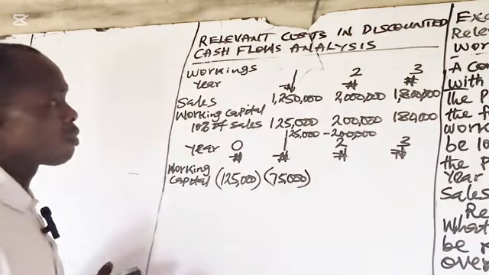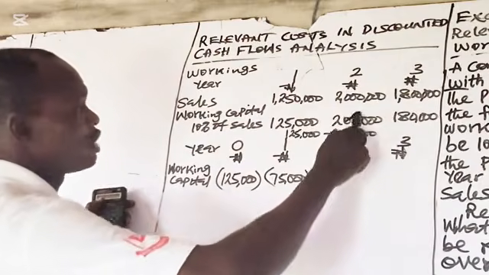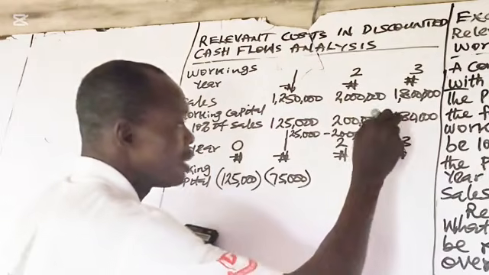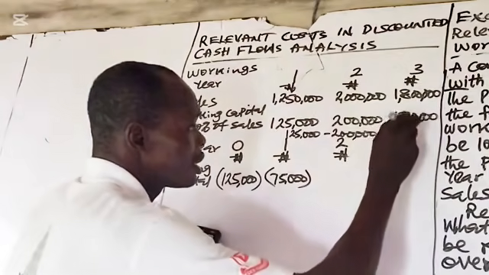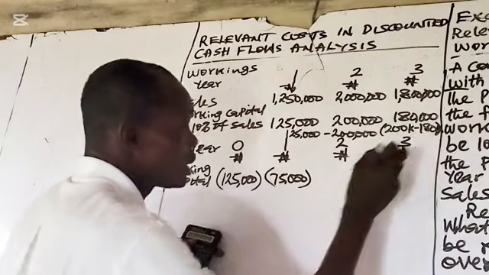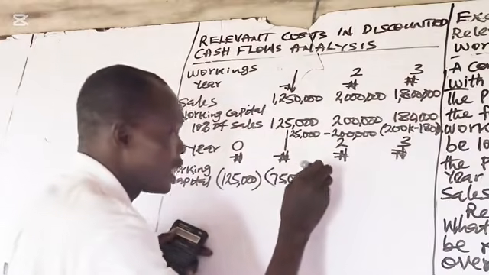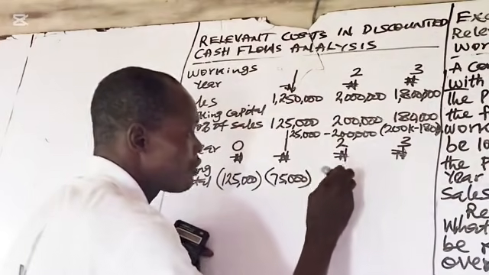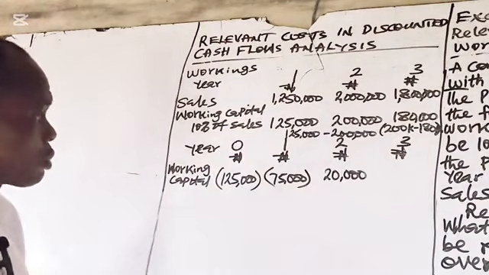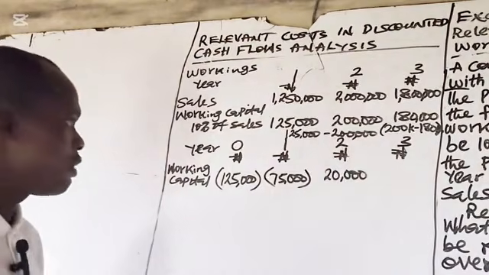Then, between year 2 and 3, it has reduced from 200,000 to 180,000. A decrease of 20,000. The decrease in working capital will be treated as an inflow. So we have that as 20,000 inflow in year 2. And at the end of the project life, the whole of the working capital will be recovered.